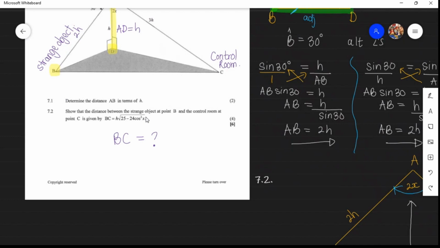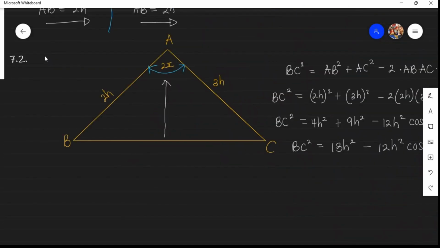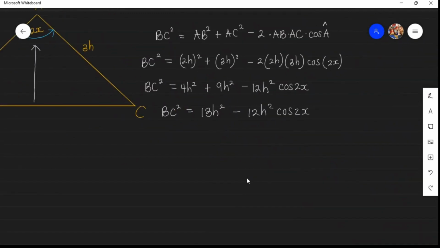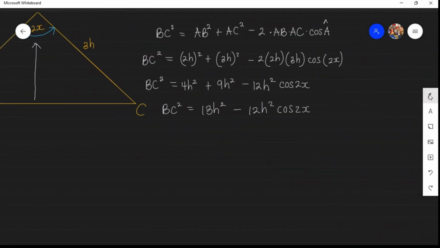We have cos 2x. How do we turn cos 2x into cos squared x? Now, if you noticed, cos 2x is a double angle. So let us now see what double angle formulas we know.